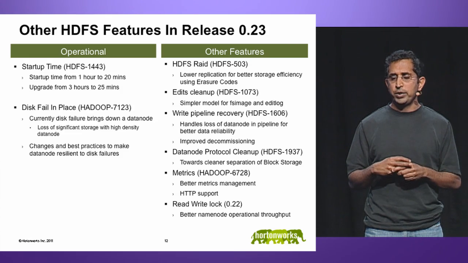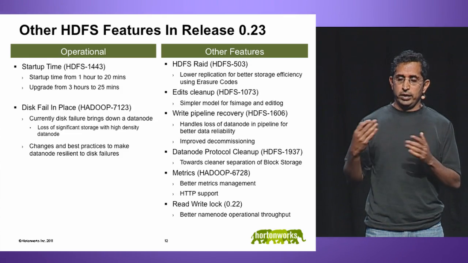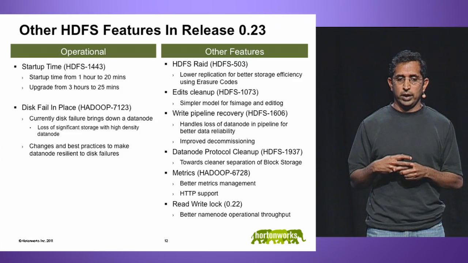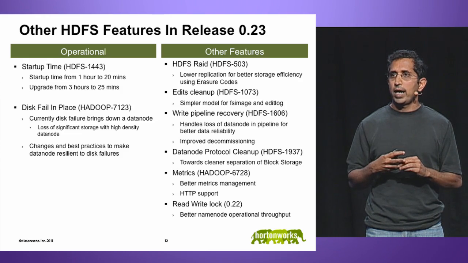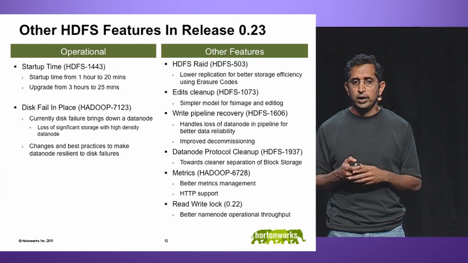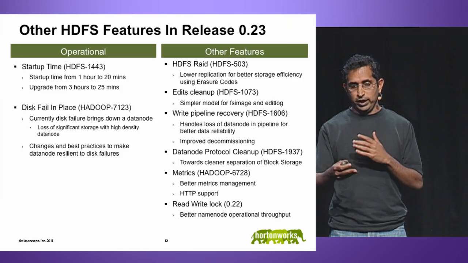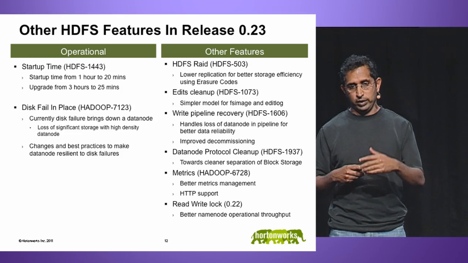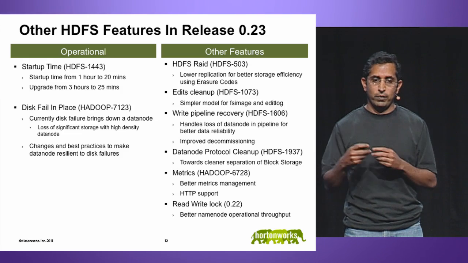So we have made changes here where the data node continues to run with a failed disk. We also have some best practices where, if you reboot the data node, it comes back up. I'm running slow in covering some of these things, so I'll go much faster.